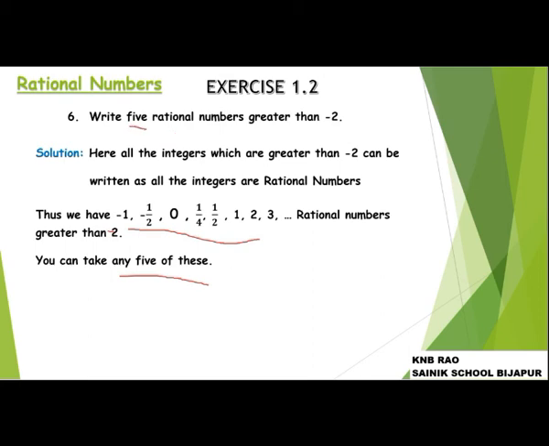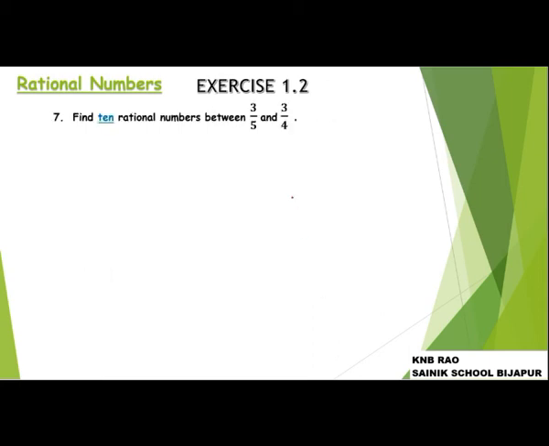Next, last question. Find 10 rational numbers between 3 by 5 and 3 by 4. Here a similar procedure will be adopted. The LCM of 5 and 4, which is 20, can be chosen, or we can choose a multiple of 20.